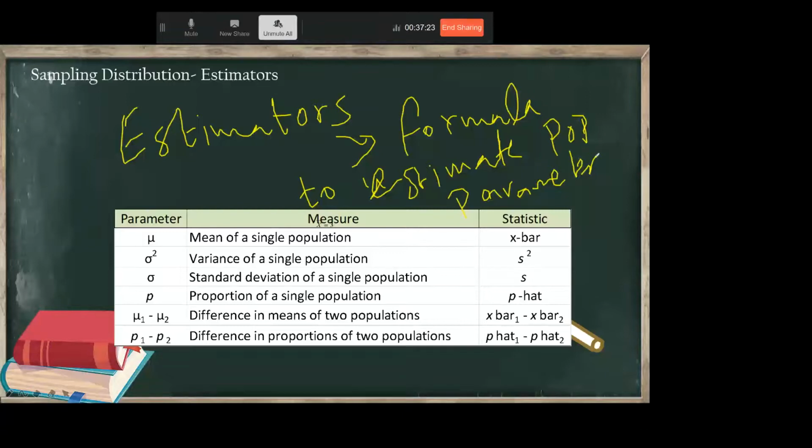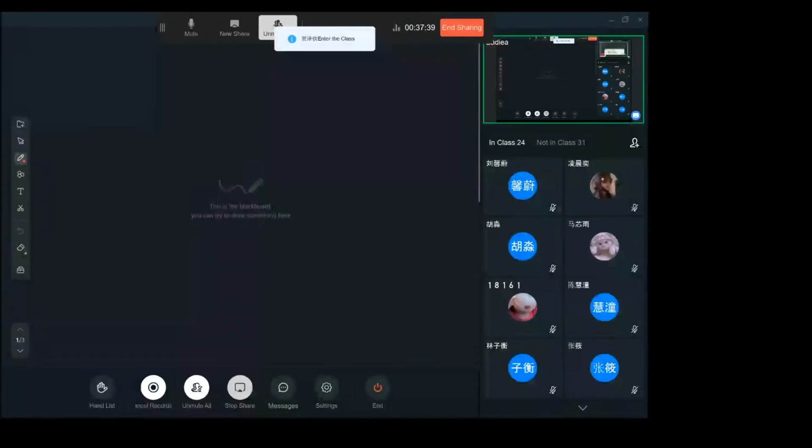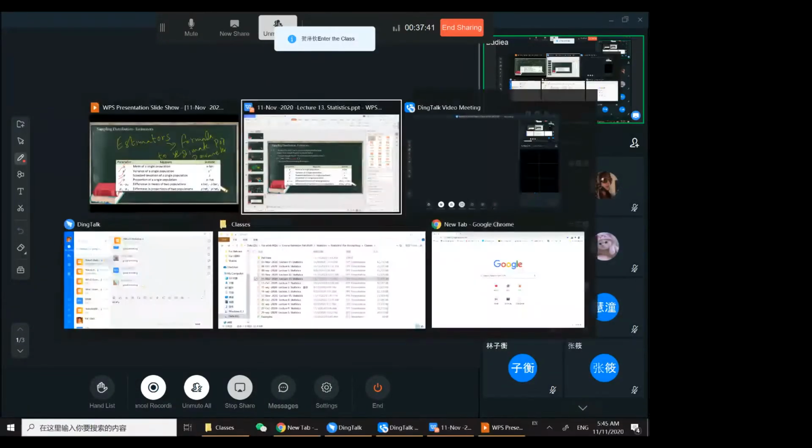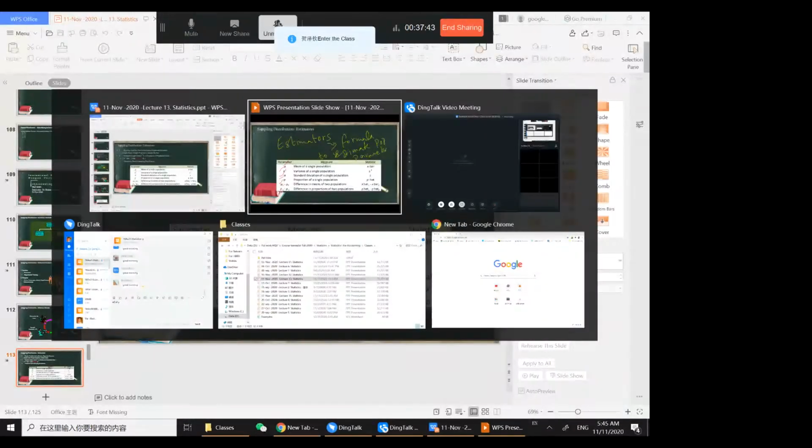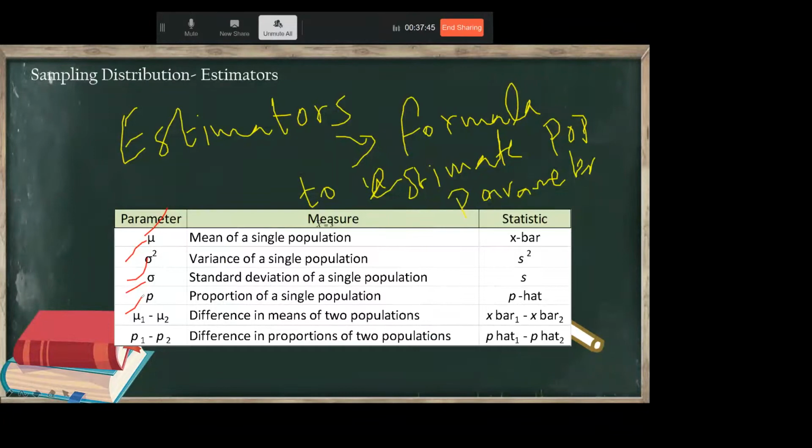Now, the population parameters can be mu, sigma square, sigma, the standard deviation, rho, which is the proportion of a single population, the difference between the means of two populations, the difference between the proportions of two populations.